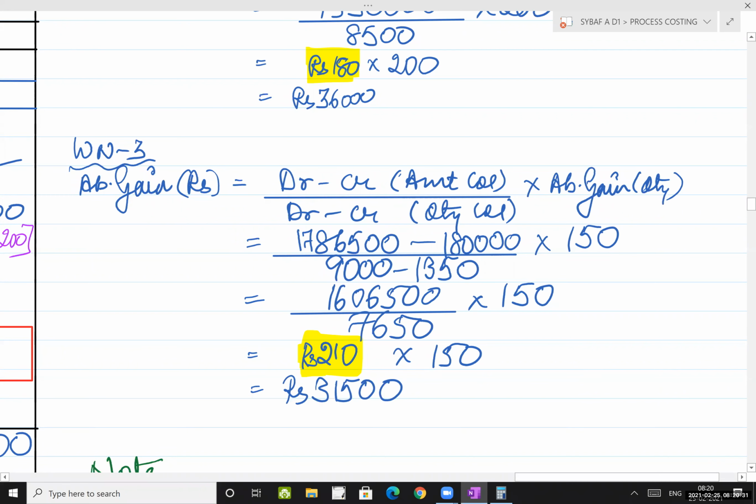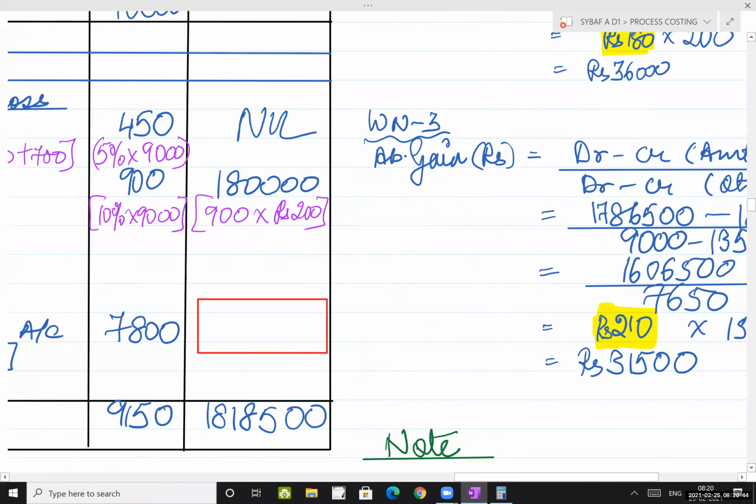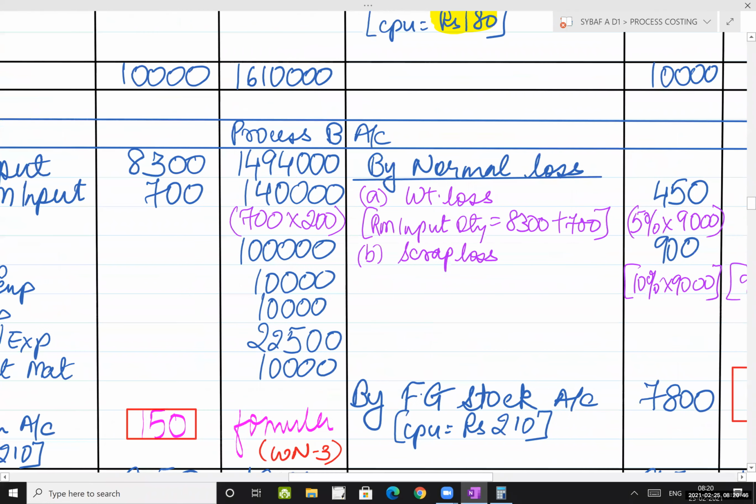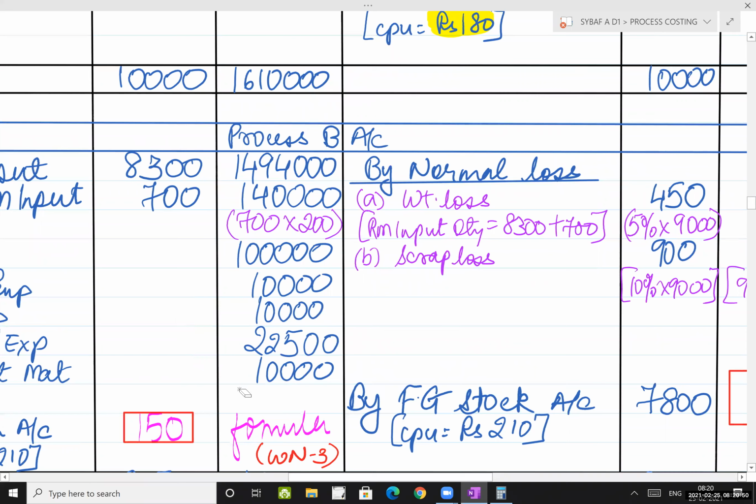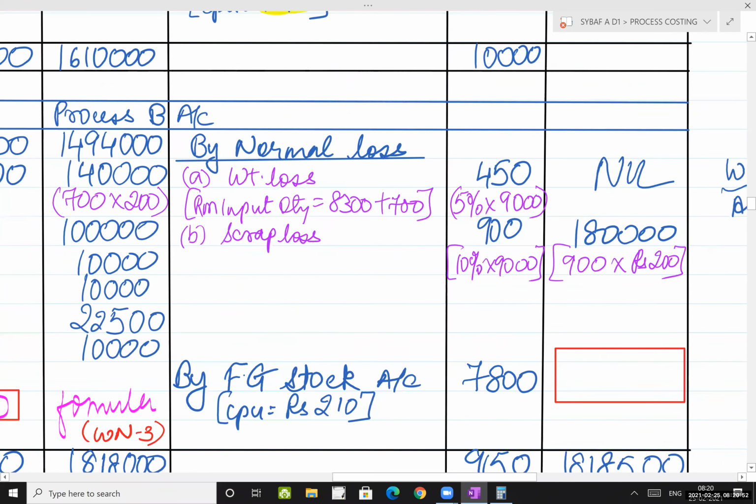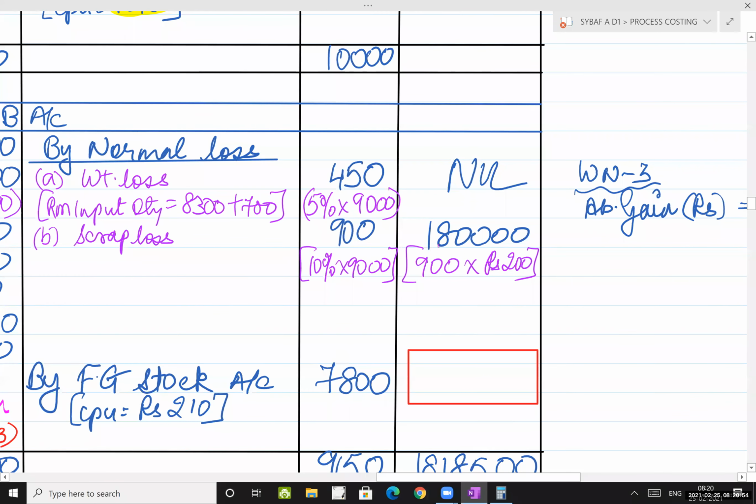Then debit side का total I had told you, right? We did it also. 17,86,500 only the debit side total, and credit side total. Debit side total बोला तो from here till here, which I have already done. I showed you the calculation. Credit side में I have only one item.